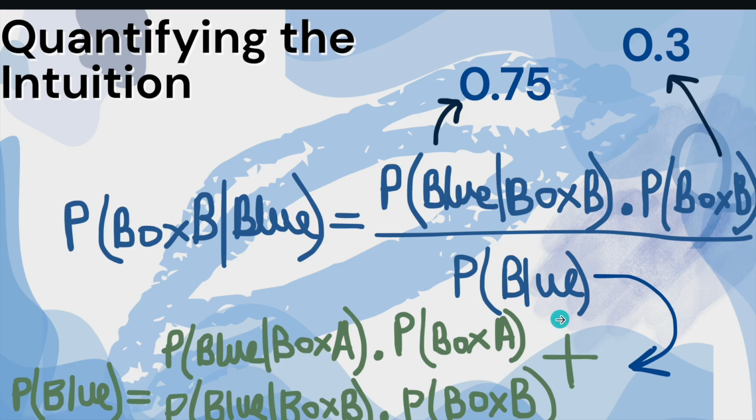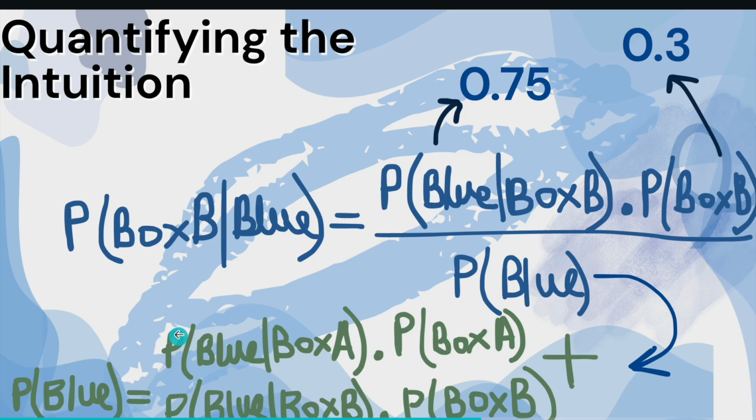How do we calculate the probability of any ball being blue irrespective of the box it's being picked from? So here there are two possible scenarios. We pick from box A and the ball is blue, or we pick from box B and the ball is blue. And this equation just summarizes these two situations.